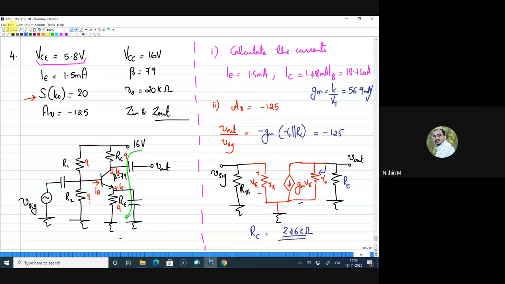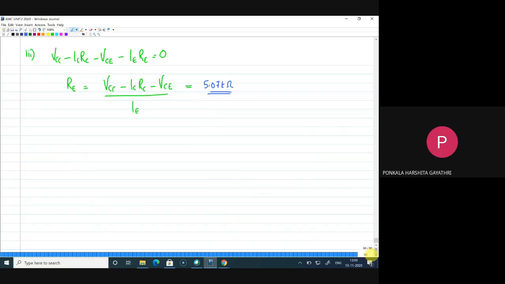Harshita, are you there? Yes, sir. Harshita, what is the next step? Sir, using RTH. First, we have to calculate RTH, sir, and then what we did previously, we have to do that and find out R1 and R2. All right, so do that and let me know what is the value.